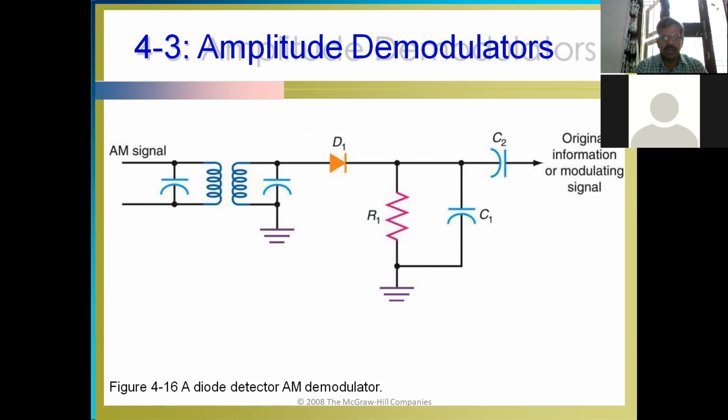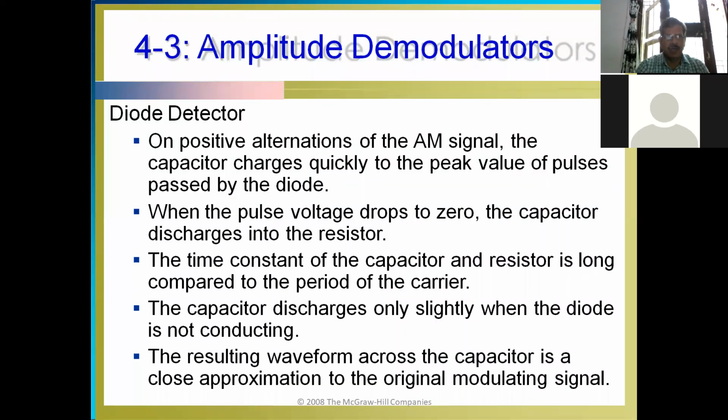So this is the circuit diagram of the demodulator. And on positive alternation of the AM signal, the capacitor charges quickly to the peak value of the pulse passed by the diode.